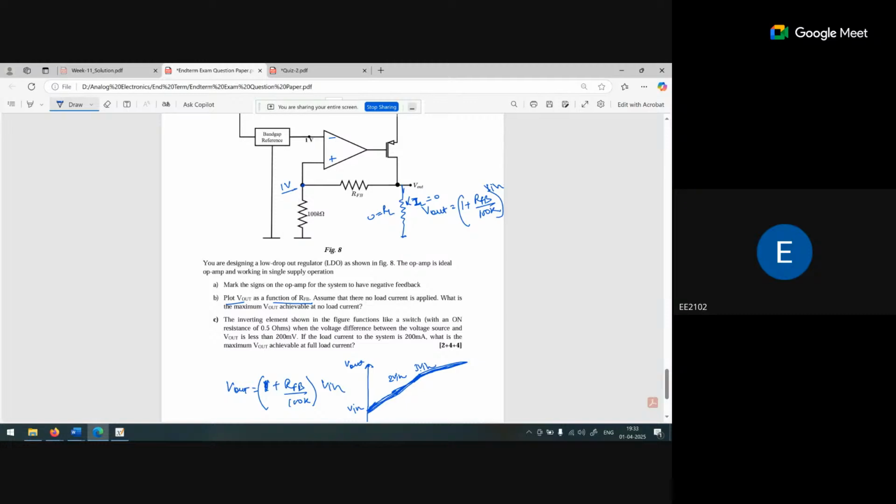What is the maximum V out achievable at no load current? So what is the maximum achievable V out?